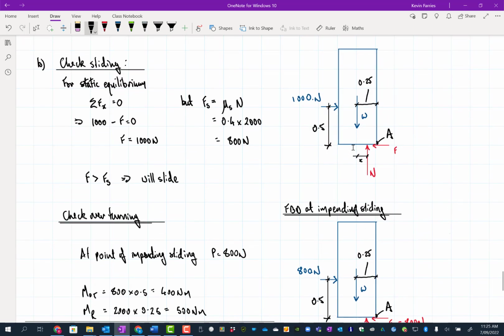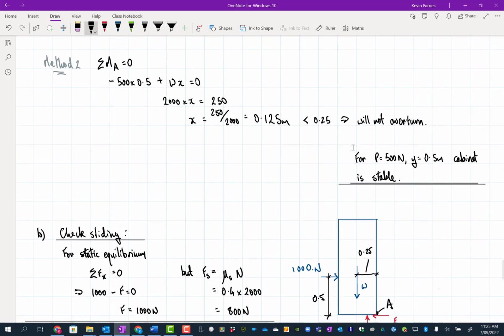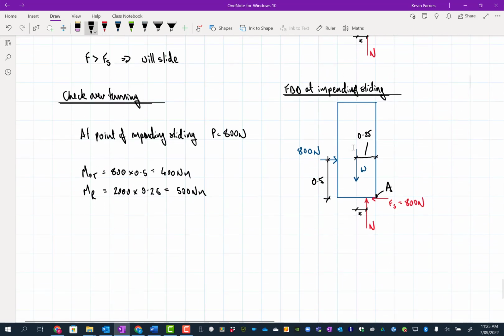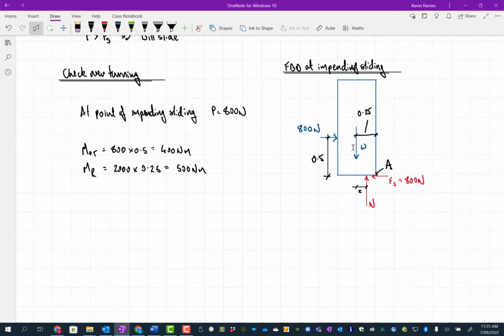Is that the same as we got before? Just going back up to check. Where did we do it here? Yep, so 500 Newton meters. And so what can we see there? At that point of impending sliding, the overturning moment is less than the restoring moment, therefore not overturning.